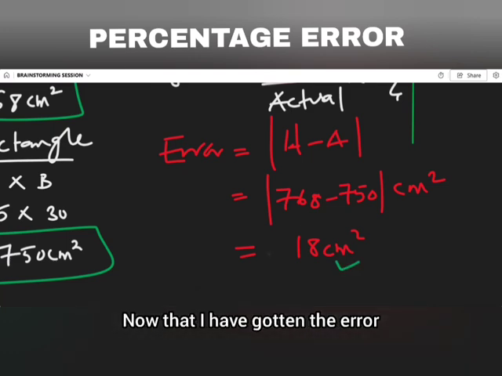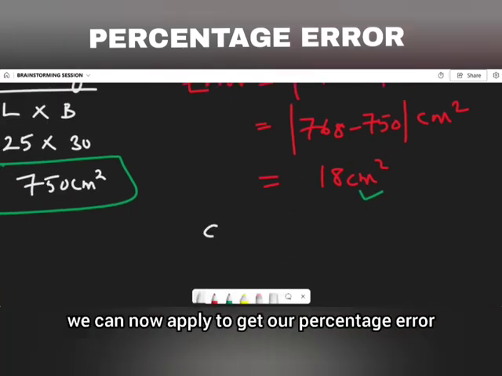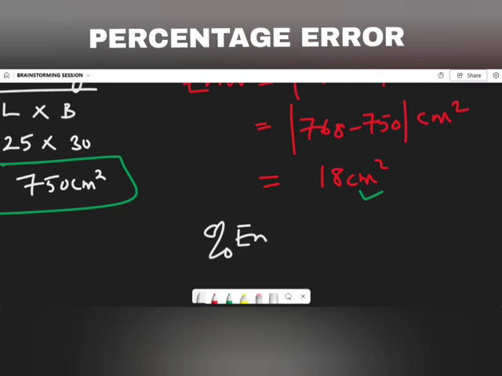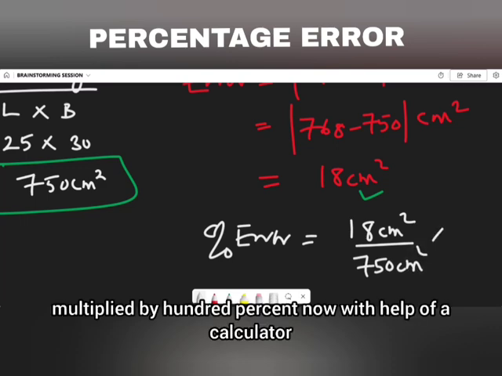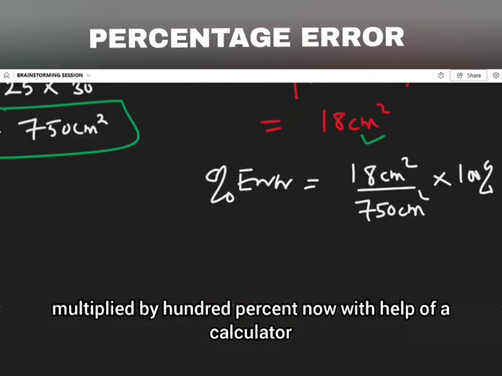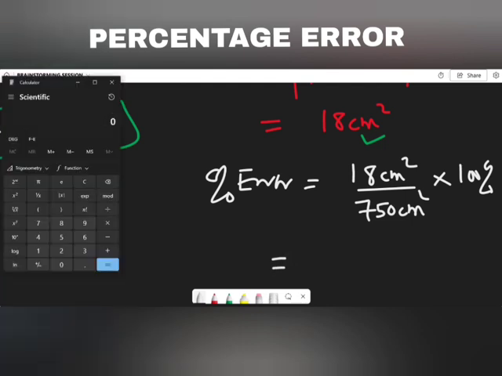Now that we've gotten the error, we can apply it to get our percentage error. We are going to have the error, which is 18 centimeters squared, divided by what? The actual value, 750 centimeters squared, multiplied by 100%. Now with the help of our calculator, we have 18 divided by 750.